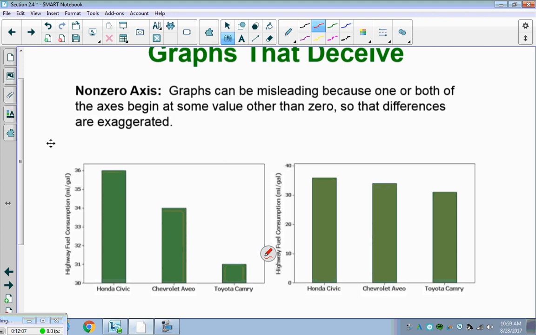But when I look at it here, it's the exact same data, and the graph is telling you the exact same thing. Doesn't look as bad, does it? Why? They pull those apart. 30, and they're counting by 1s to 36. That scale is compared to where they really did start at 0 and go to 40. So they've pulled it apart and exaggerated the difference. Okay?